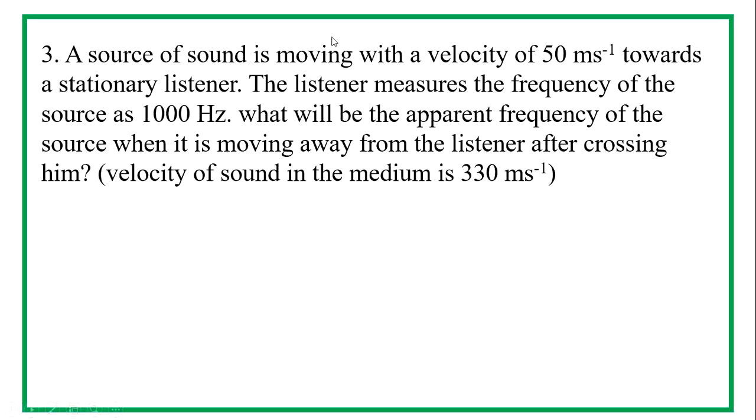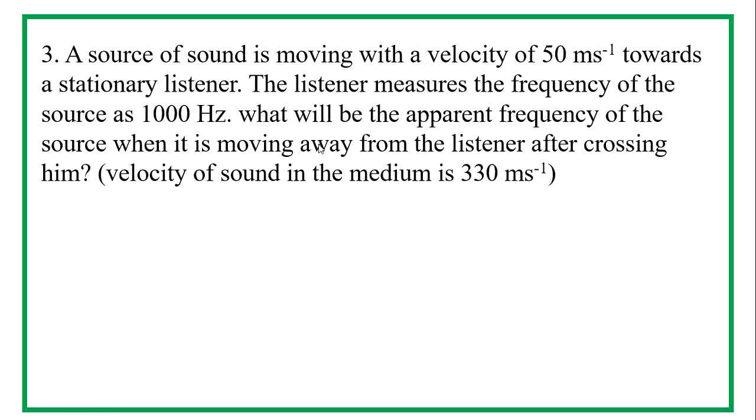The velocity of the source is given as 50 ms minus 1. The source is moving towards the listener. Now the listener measures the frequency of the source as 1000 hertz. That is, n dash is 1000 hertz. And we have to find out the apparent frequency for the source moving away from the listener.